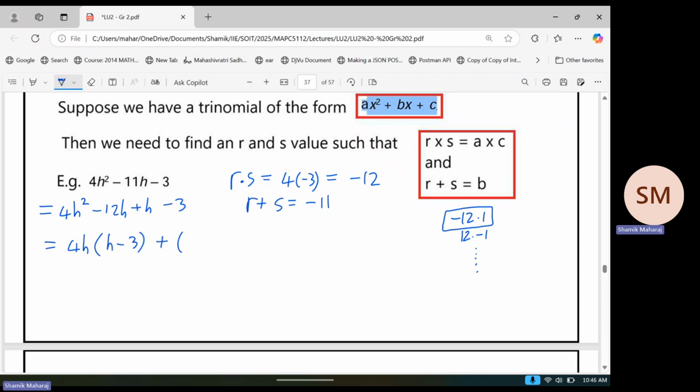From the second two terms, we can't factor anything, so we just leave that as it is. H minus 3, there's nothing common there. Now h minus 3 is common to both terms. So we pull out h minus 3, and we're left with 4h plus 1. Okay, so that's like factoring on top of factoring.